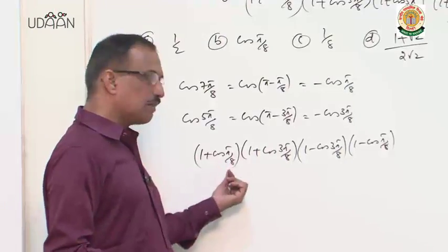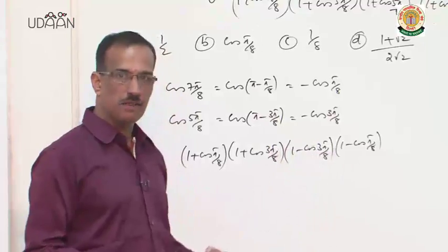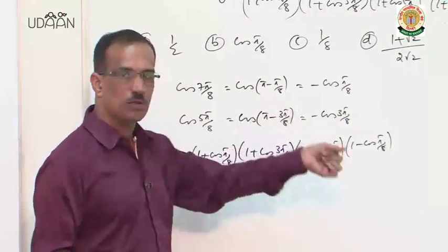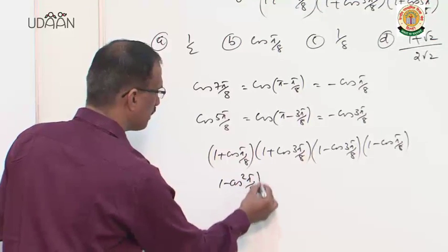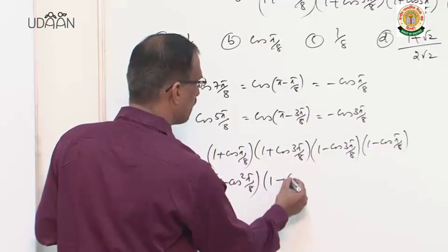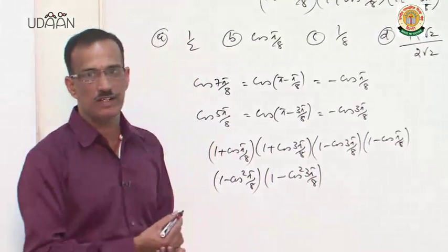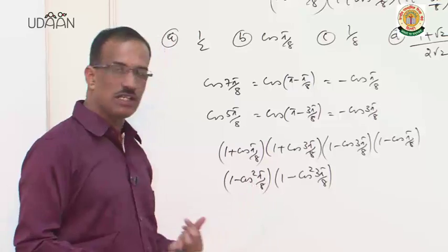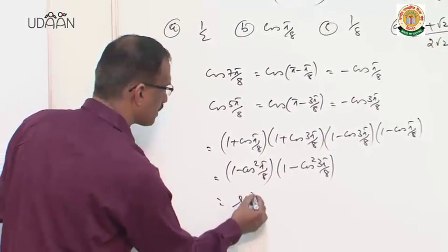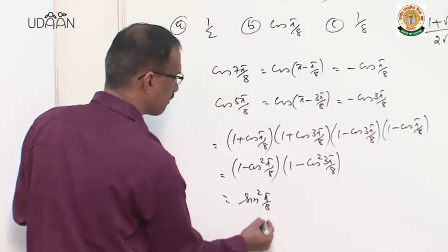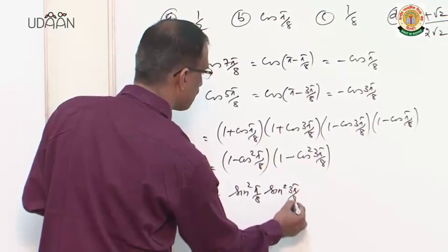That is a plus b into a minus b, a plus b into a minus b. So, we get 1 minus cos squared pi by 8 into 1 minus cos squared 3 pi by 8. We know 1 minus cos squared theta is sin squared theta. So, sin squared pi by 8 into sin squared 3 pi by 8.